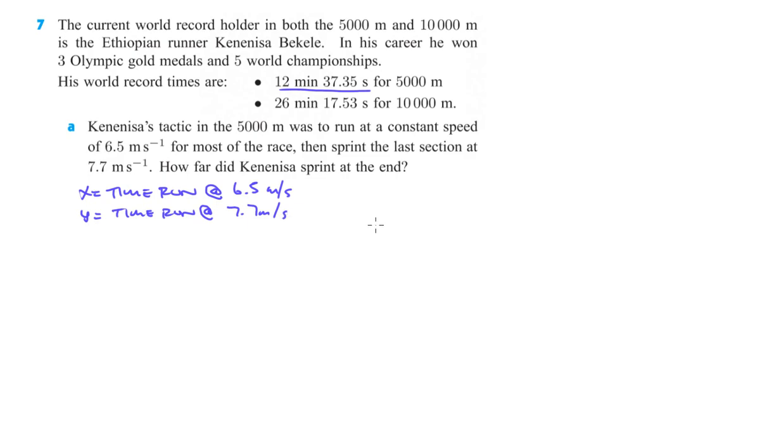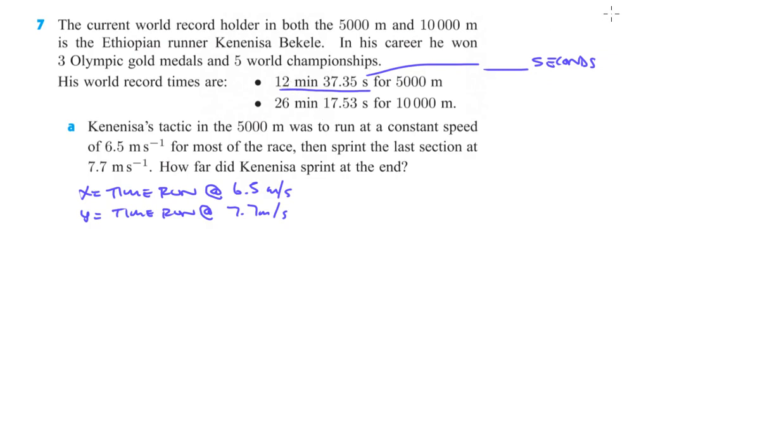Okay? So we know that the total time was 12 minutes 37.35 seconds. And we know that some of that time was run at 6.5, some of that time was run at 7.7. So let's turn this whole thing into just seconds.